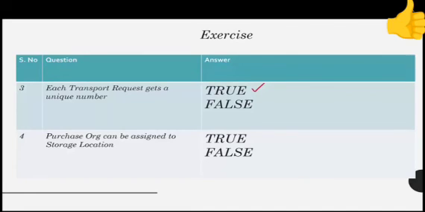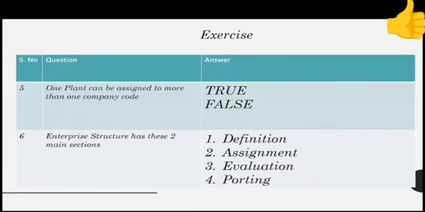Number 4. Purchase org or purchase organization can be assigned to a storage location. No, you cannot. Again, you can try it in your system. Number 5. One plant can be assigned to more than one company code.